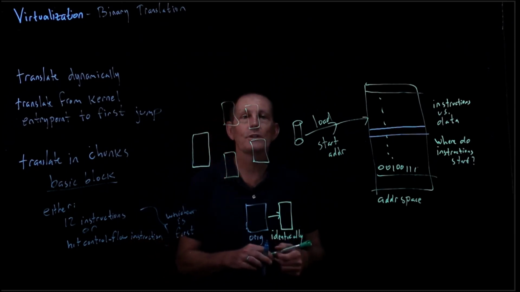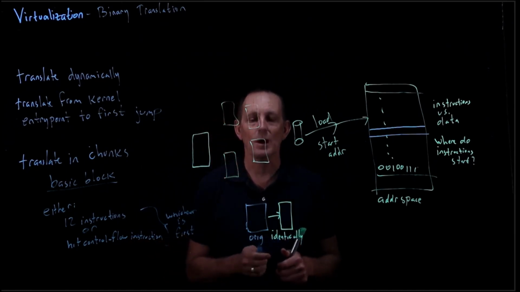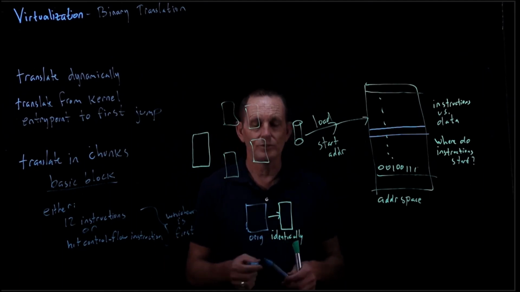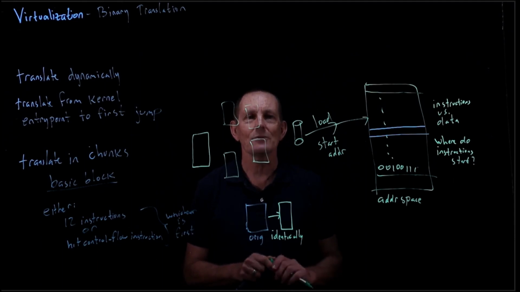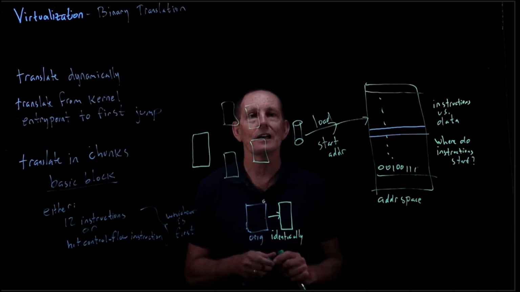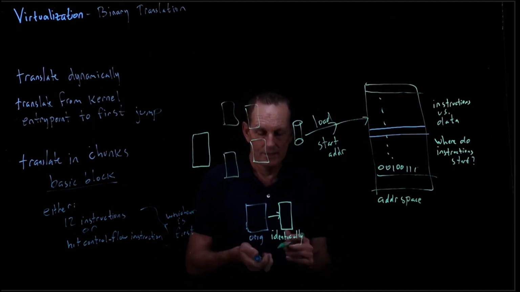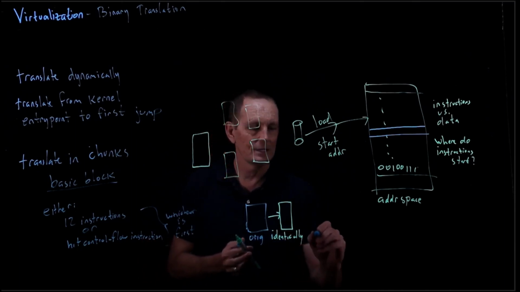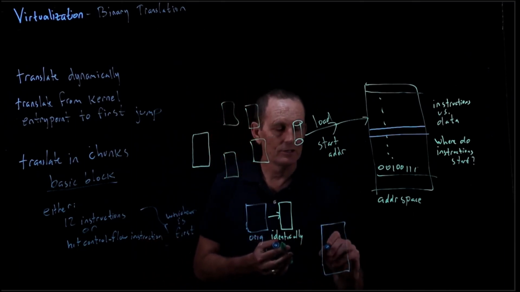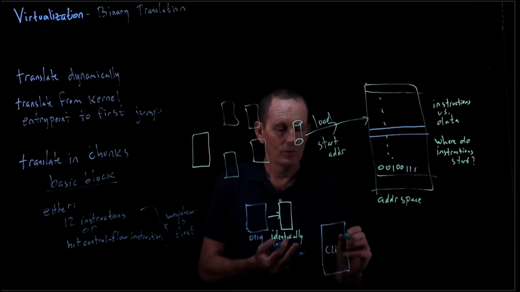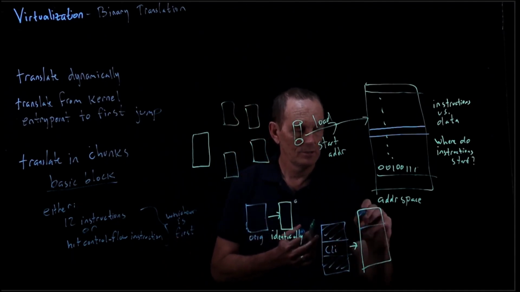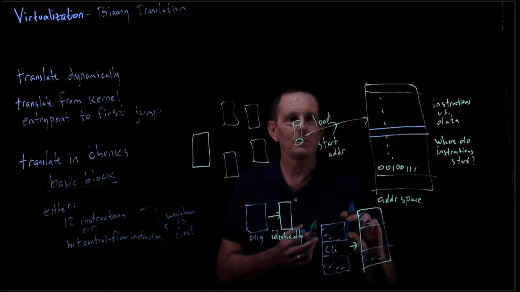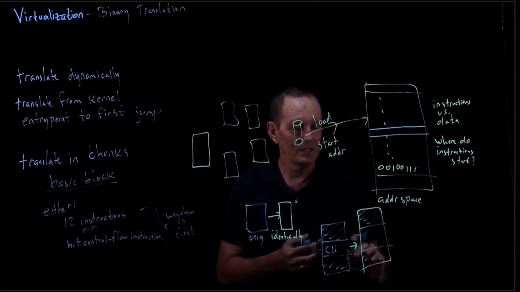And that can be done as long as we don't have any instructions that are a problem. Some of the instructions that could be a problem certainly are accessing the CS register. But while we're at it, we can just go ahead and handle any privileged instructions here. We can look for a CLI or an STI and replace that with some other code. So if we have some code in here that includes a CLI, the beginning part of the basic block can stay the same, and the ending part of the basic block can stay the same.